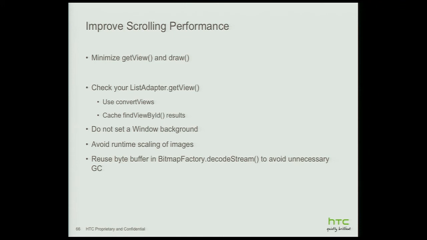You also want to avoid runtime scaling of images. If your image view is, say, 100 by 100 pixels, you want to make sure that your image is pre-scaled to the correct dimensions, instead of scaling it every time you set it to the image view. Another common mistake that's overlooked in our experience is with BitmapFactory.decodeStream.